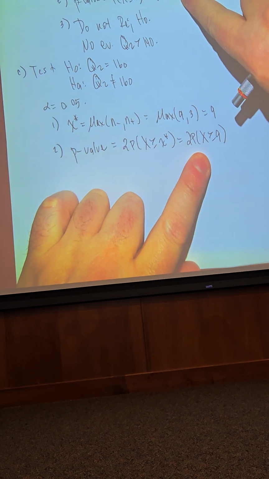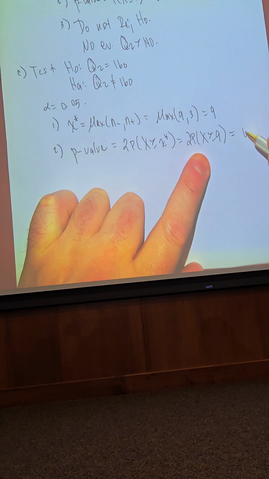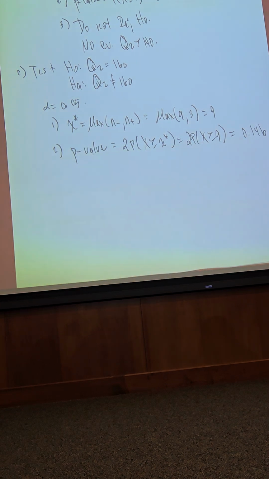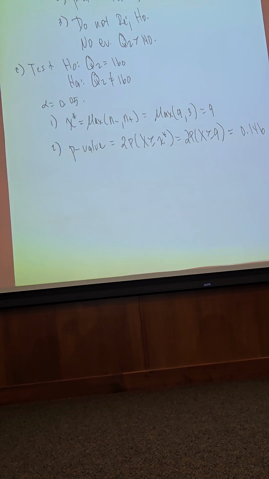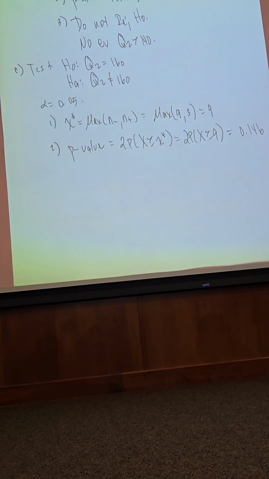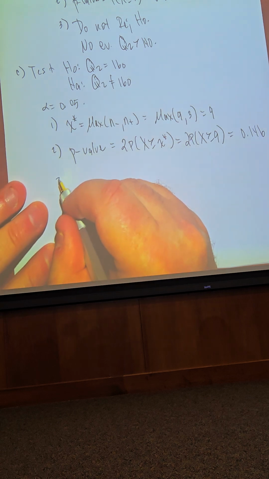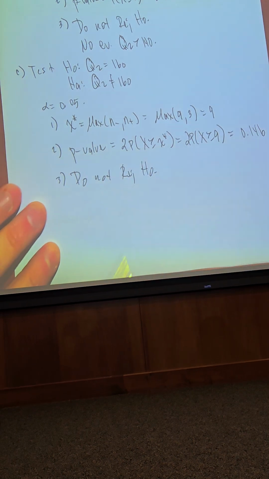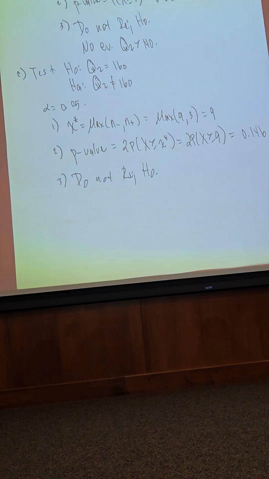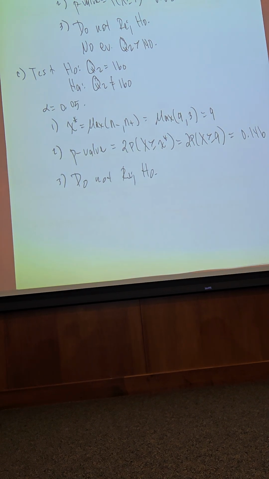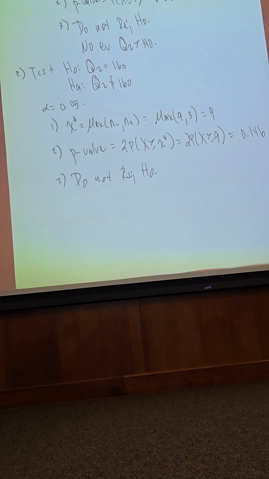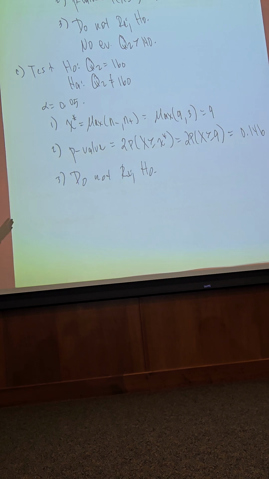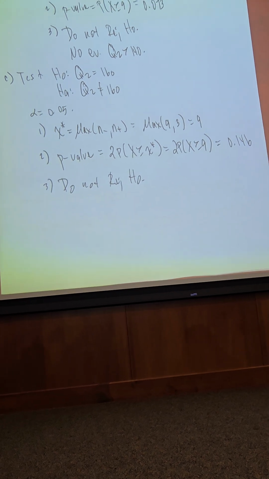We found that just a second ago, which is 0.146. The p-value is greater than alpha, so we don't reject H0. Is it reasonably likely, if the median was 160, that 9 of the data points fall below the median and 3 fall above? That's reasonably likely, so we don't reject the null hypothesis.